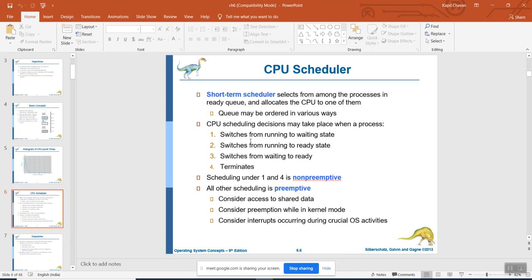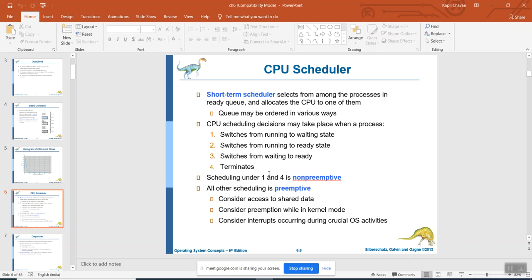There are four conditions in which CPU scheduling decisions may take place for a process: the first, second, third, and fourth. If one and four happen, the process is non-preemptive. If two and three happen, the process is preemptive.